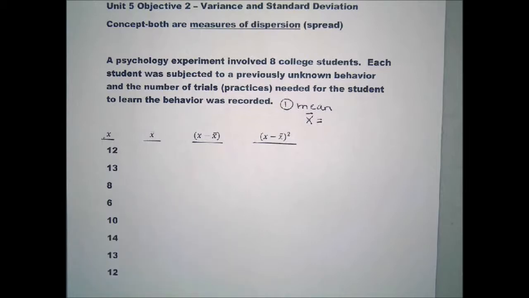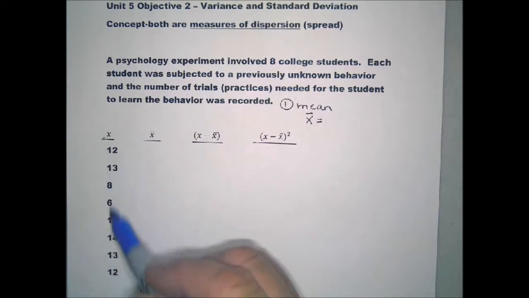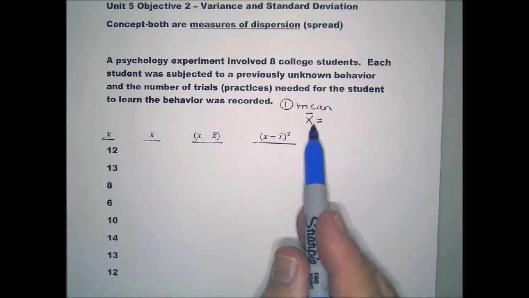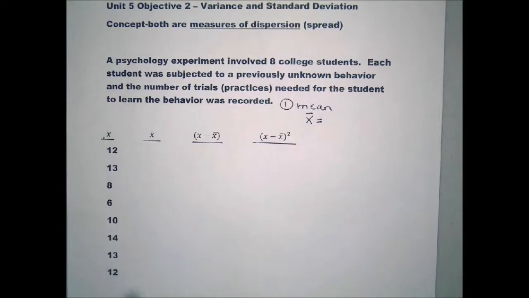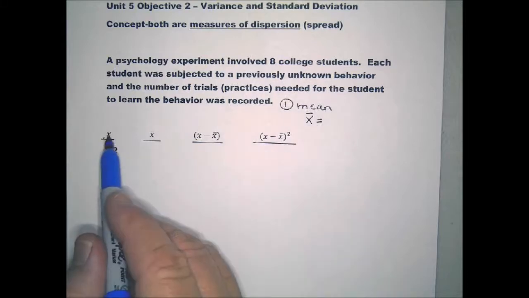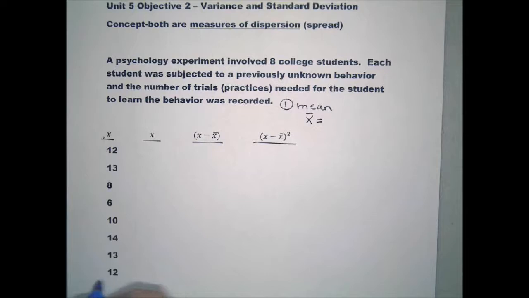Now, we want to know the variance and the standard deviation of these 8 recordings, these 8 students. So, first thing you have to do is find the average or the mean of all the behavior. Now, you've been doing that for years. All the average, or the mean, is adding up all the data. So add up all the individual data points, and you get 88.